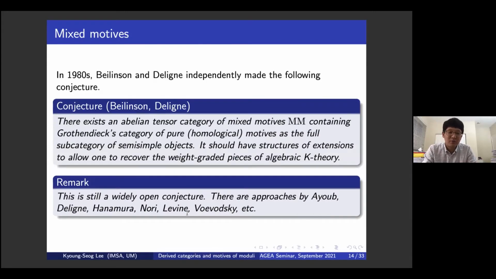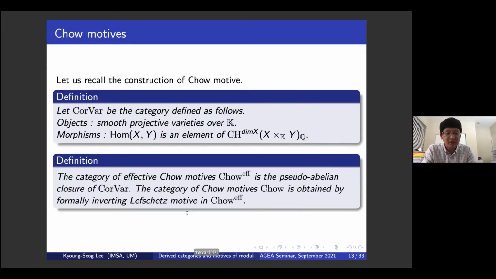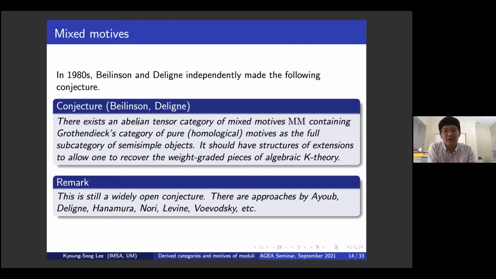There is another notion of motif, the so-called mixed motif. In the 1980s, Beilinson and Deligne independently made some conjecture. Chow motifs deal only with smooth projective varieties, but they wanted to develop some theory which works for arbitrary schemes, singular and quasi-projective varieties. So they conjectured that there must be some abelian tensor category of mixed motifs, containing the category of pure motifs as a full subcategory of semi-simple objects.